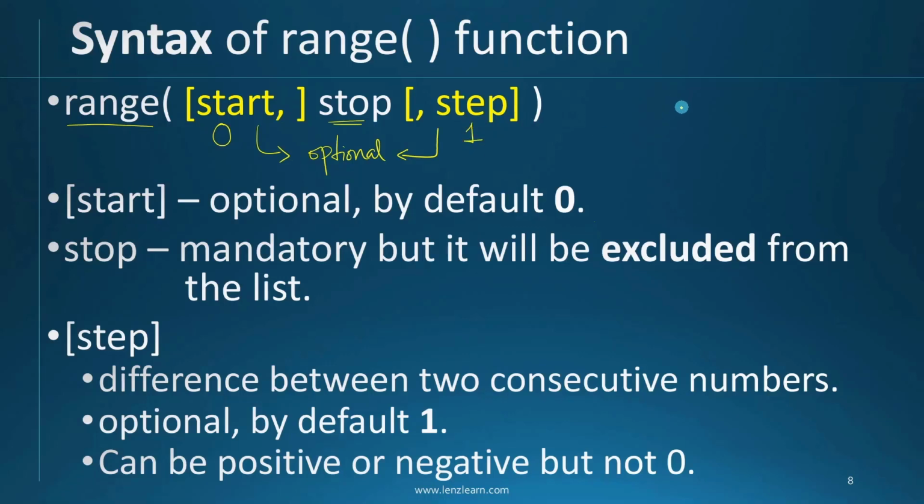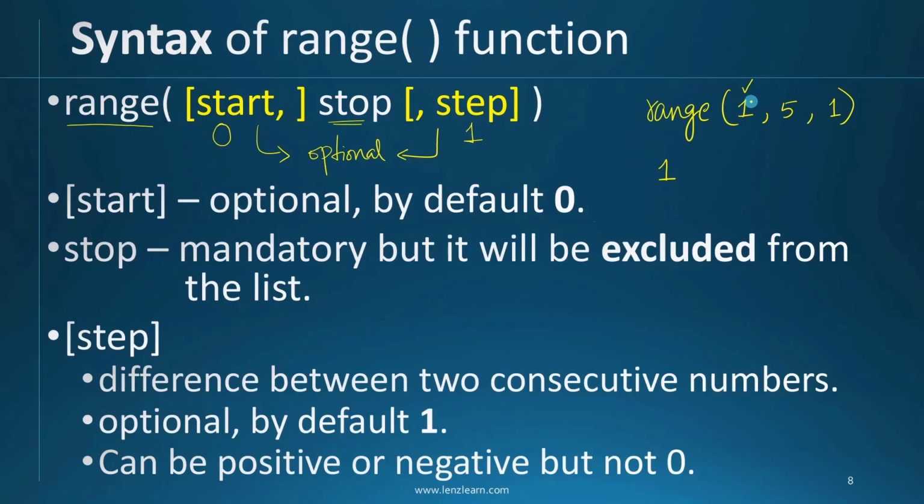Okay, so now let me just write an example range function here and I'll show you what values it will generate inside the list. So if I write range 1, 5, 1. So what happens here is that the range will start with value 1. So this will generate the first value as 1.